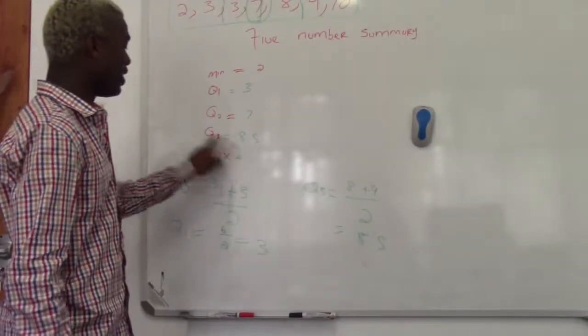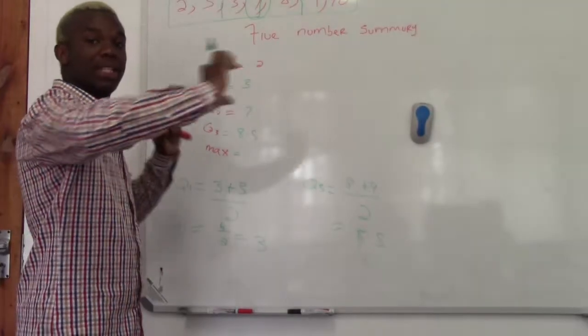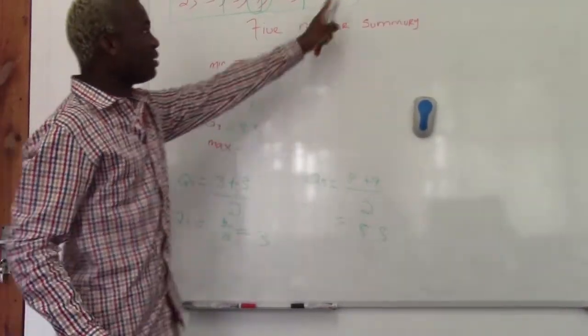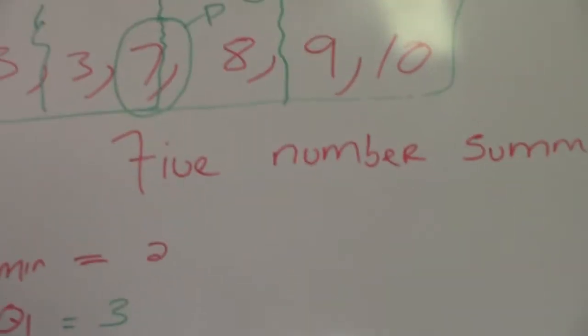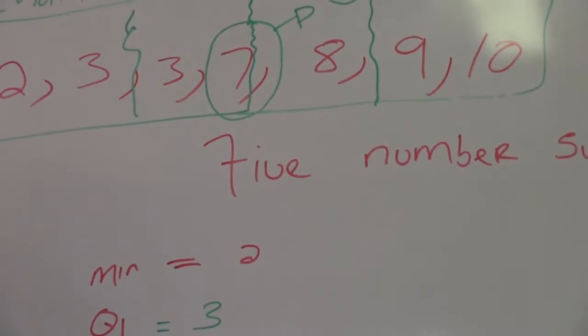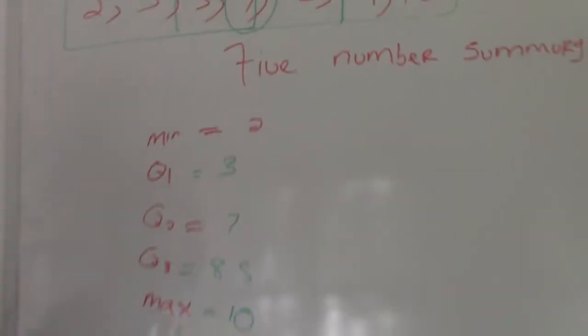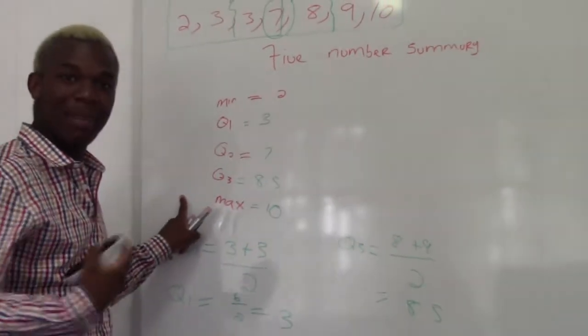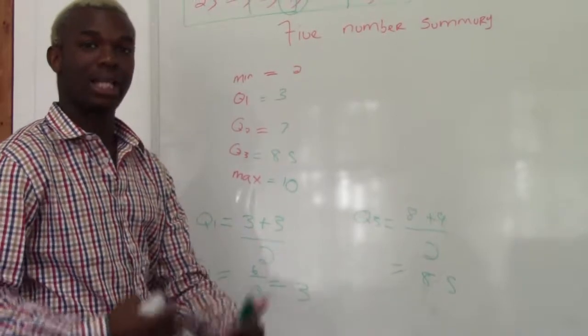Then we have to find the max, which is the maximum number from the given data set. So our maximum number here is 10. So from the given 5-number summary, it will be much easier for us to draw the box and whisker diagram.